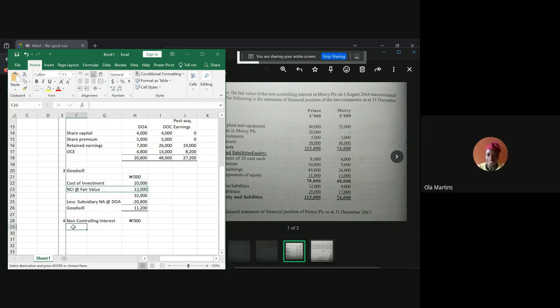Then the second thing I now bring is percentage shareholding, percent of the post acquisition earnings.